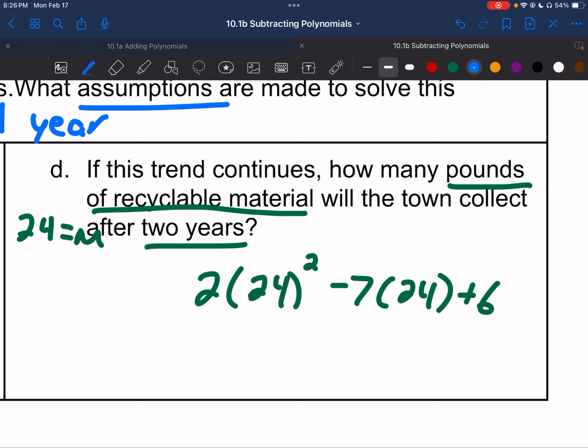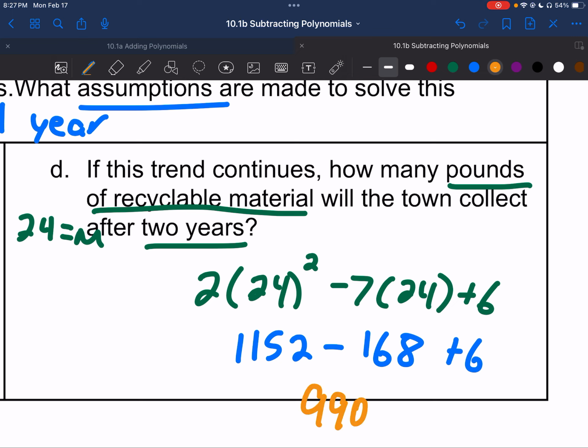Now, 2 times 24 squared is 1152. 7 times 24 is 168, and it's minus, and we have a plus 6. So you combine like terms, and you get 990, and let's remember back to our units that we identified at the beginning, 1,000.